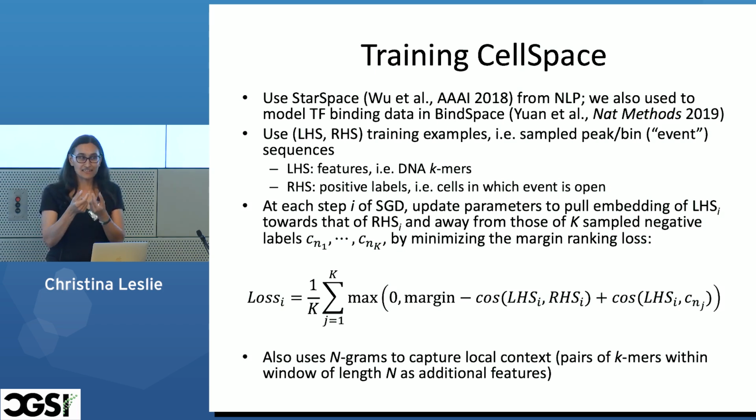There's actually an n-gram approach where k-mers that are close to each other also feature in the representation. And there are other details to make it very scalable. But the basic idea is that you're doing this margin-based loss over positive and negative examples.